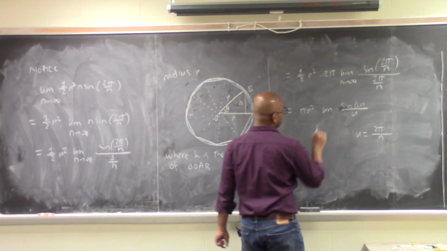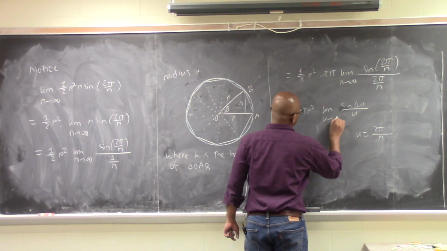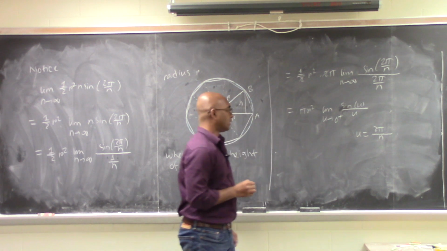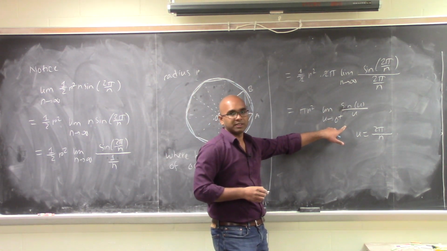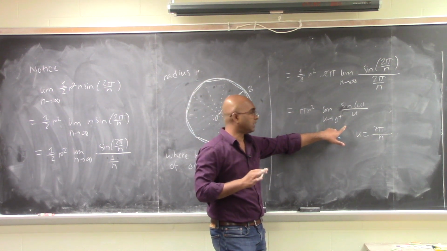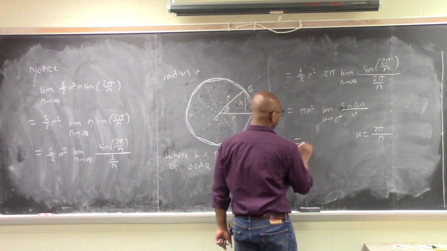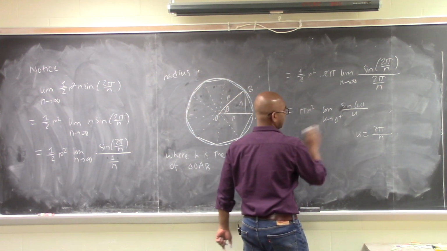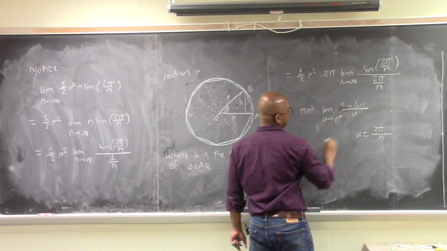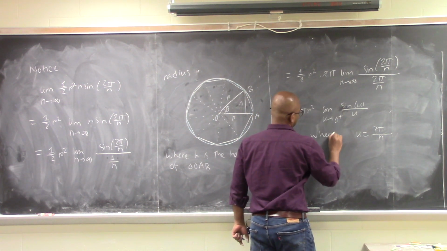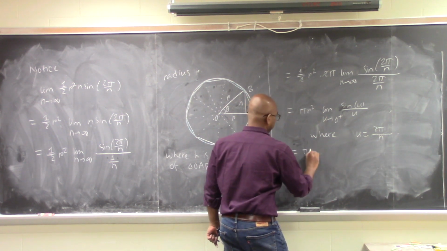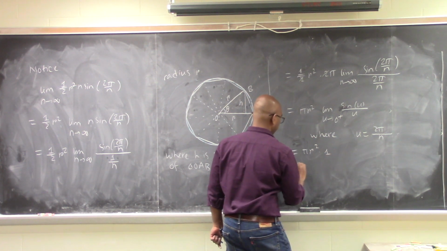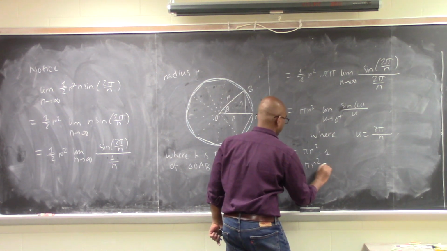So this is the limit of sine u over u as u approaches 0 from the right. But that limit is 1. That's a very important limit. We call it the fundamental limit, right? So I should write here, this guy equals this, where u equals 2 pi over n. Now this limit is just 1, so this is pi r squared.